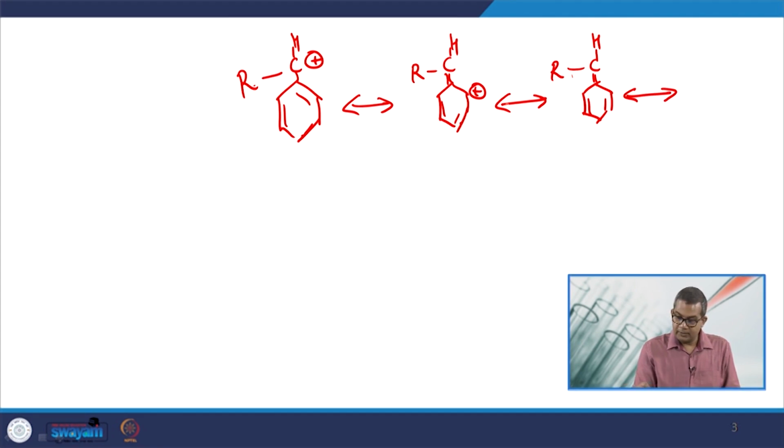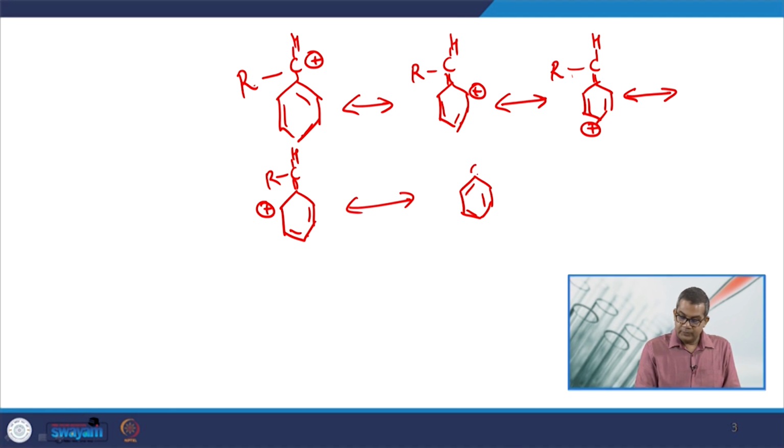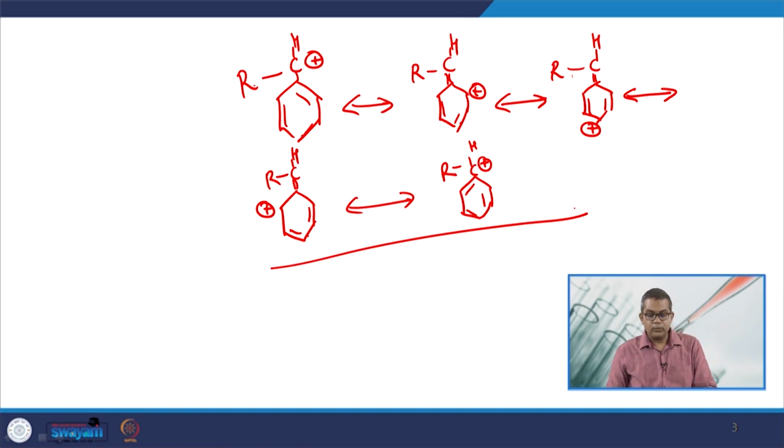Here you see that this positive charge is moved over here. Another condition, if you recall, we discussed this particular approach in the resonating structure. Here you see that this positive charge is localized over here. So, this is another approach with respect to resonance.